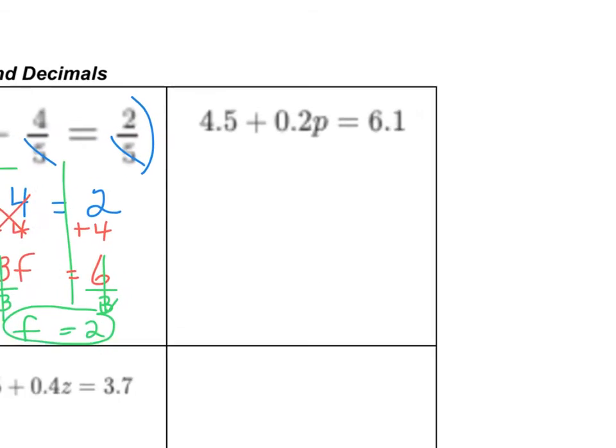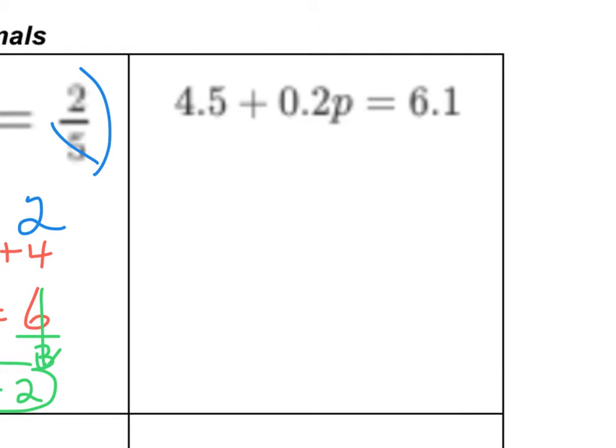All right, let's look at the decimals now. Decimals, same thing we've been doing. Here's my equal sign, here's my variable, so I need to start on this side of the equation. I'm going to start with this piece that's by itself, and that's a positive 4.5. What's the opposite of positive 4.5? Negative 4.5.